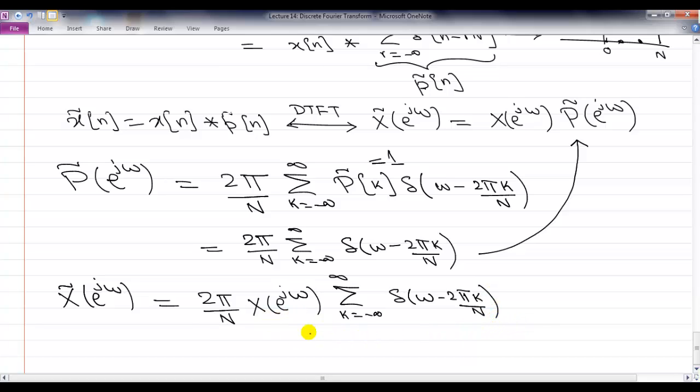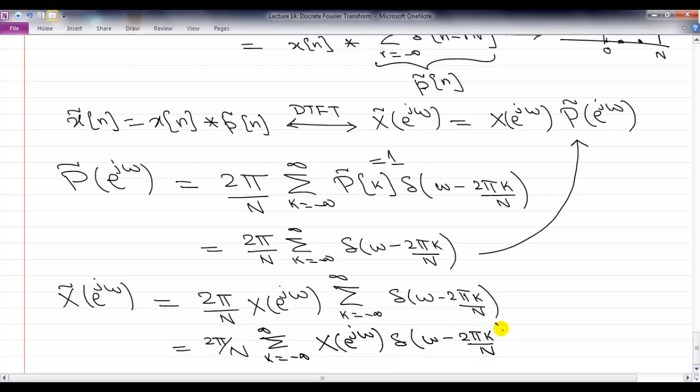Now I'll take this inside the summation. I'll get 2 pi over N times the summation over k from minus infinity to infinity of X of e to the j omega delta of omega minus 2 pi k over N.